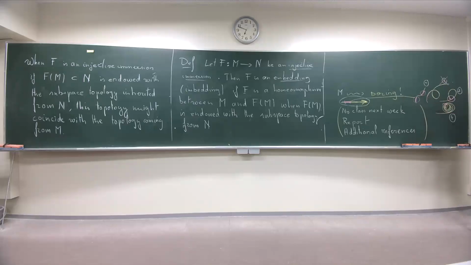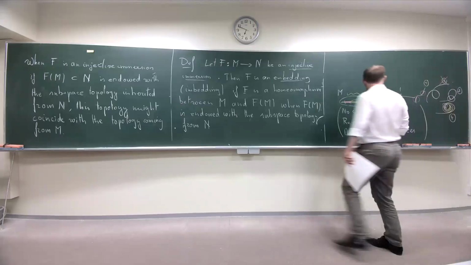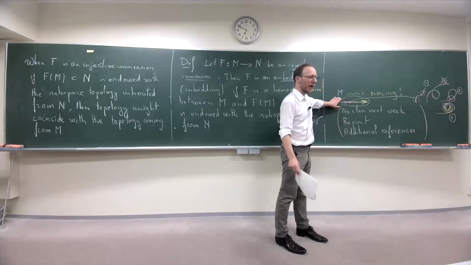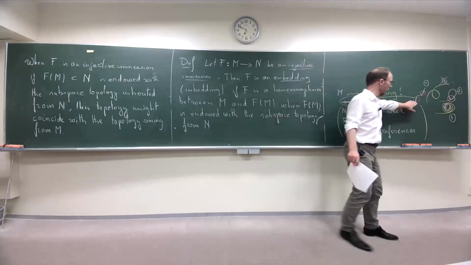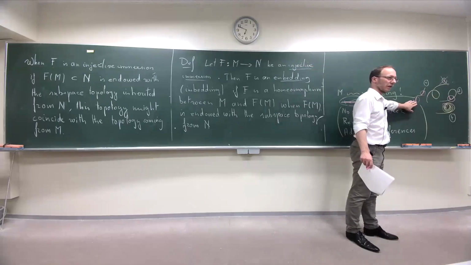Yes? You could have taken points, and then the new topology is not induced from the open sets. Say it again, I cannot understand. On M, the topology here. Yeah, you can take a point, U equals a point, and then take the subspace.